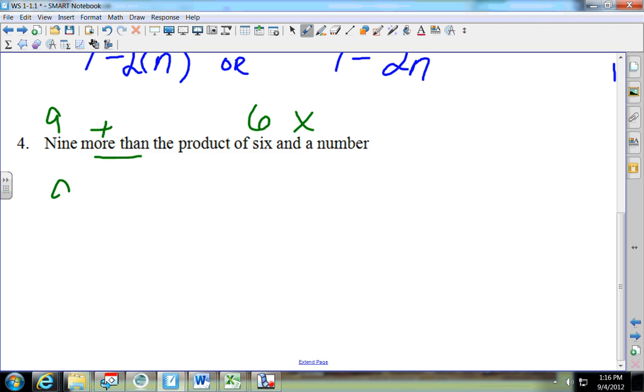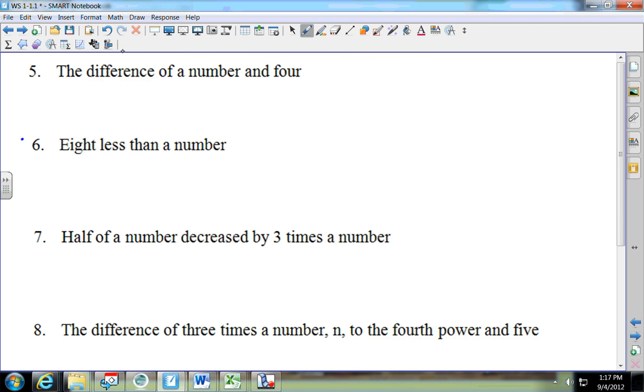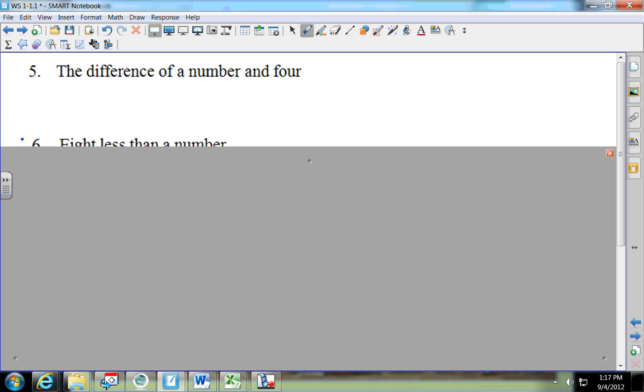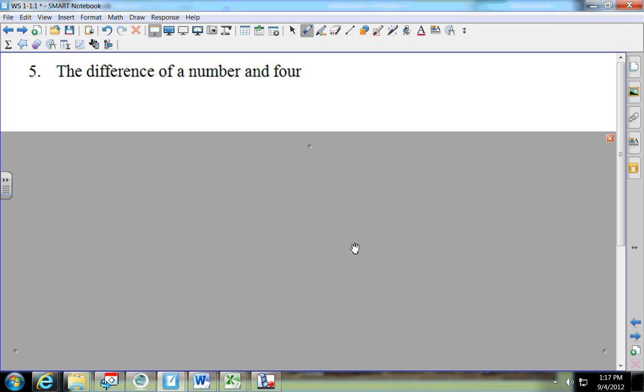So I have 9 plus 6x, or because it's an addition, it doesn't make a difference. We can do this right here. Okay. Let's look at the next one. What about this one? It says the difference of a number and 4. What does difference tell you? Tells you subtract. So I have a number minus 4.